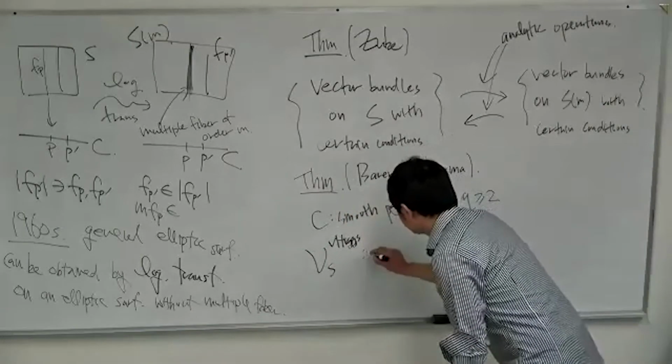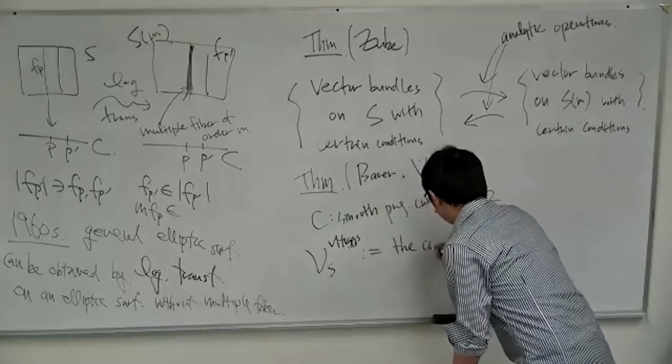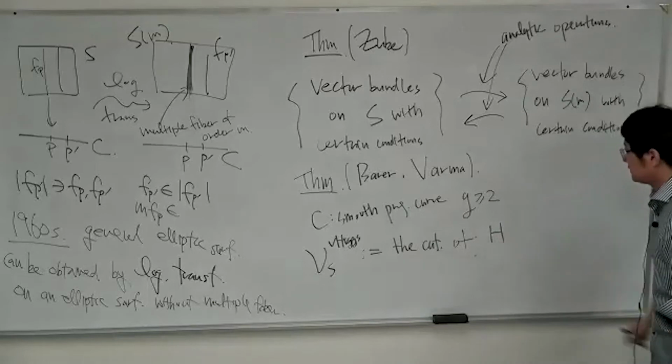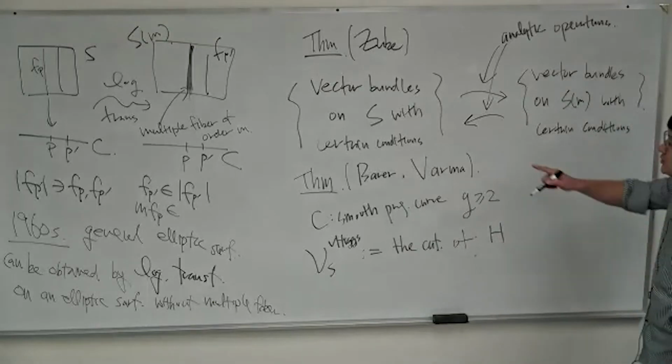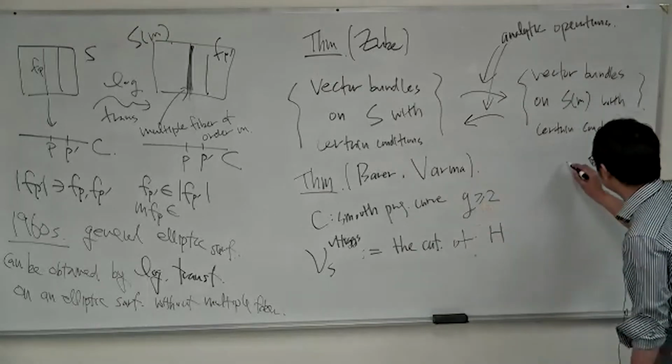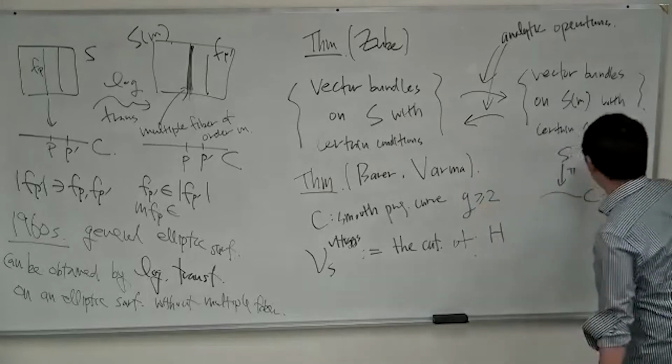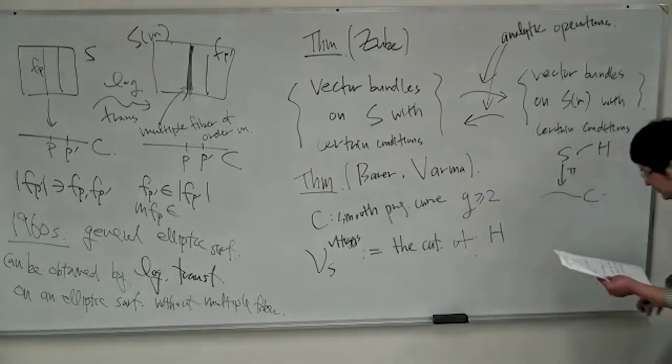So this is the category of H. H is again some ample divisor on this surface. So I consider this elliptic surface, and this H is an ample divisor on this elliptic surface.